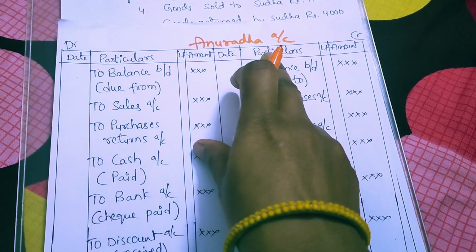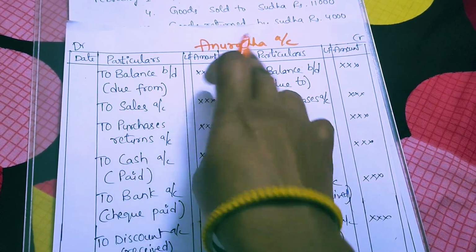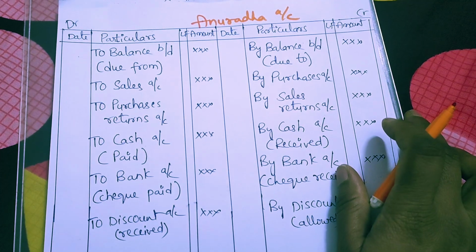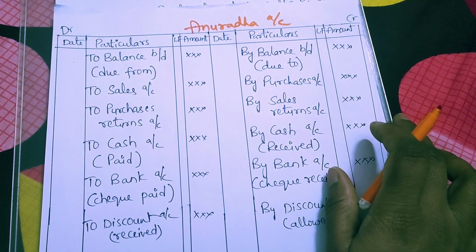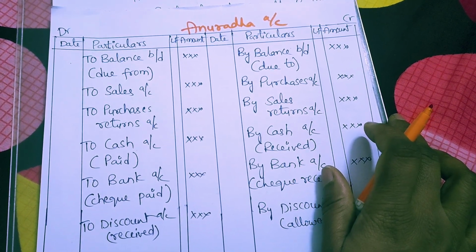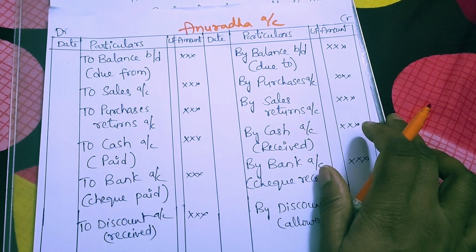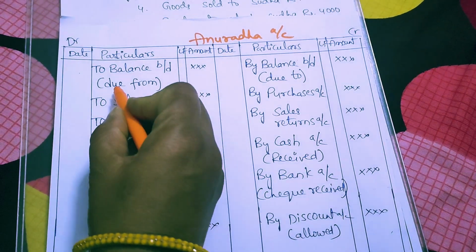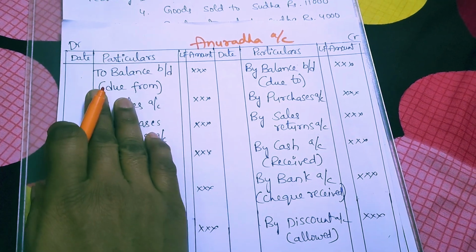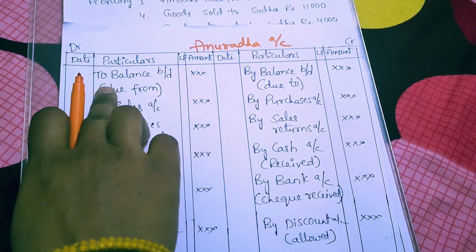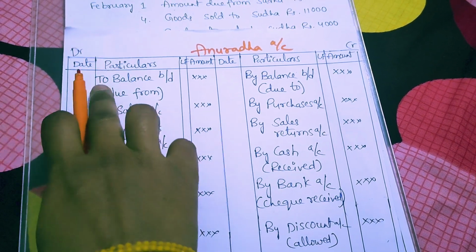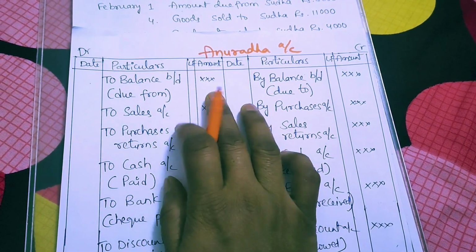If it is given in the transaction like this, due from Anuradha or amount due from Anuradha, then just by looking at the words due from, we can record it on the debit side, to balance brought down, and the amount in the amount column.